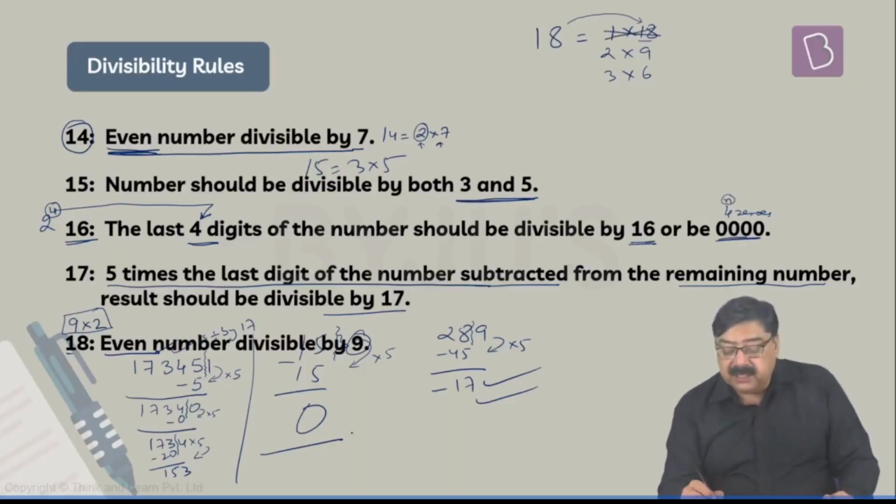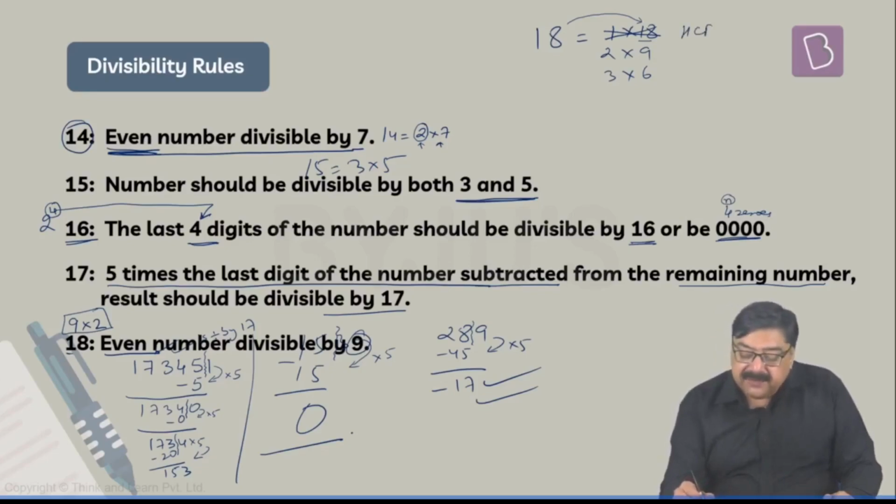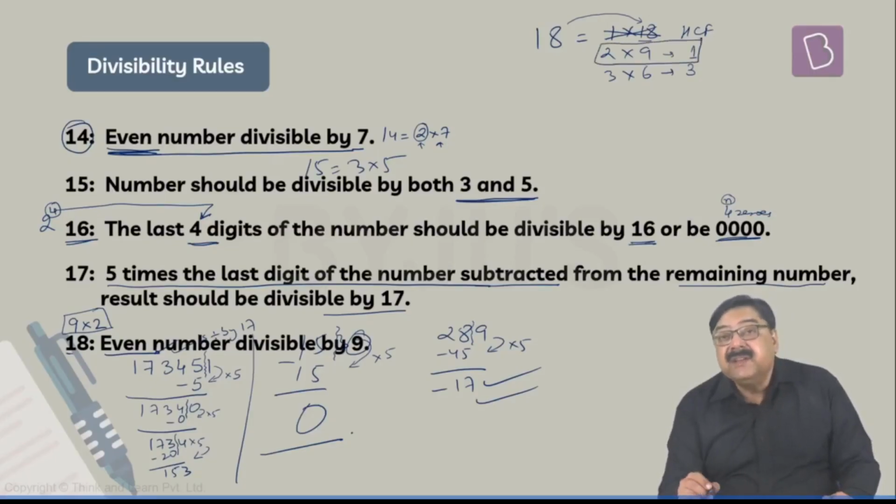So now we are left with 2 pairs, 2 and 9 and 3 and 6. Now the HCF of 2 and 9 is 1 and HCF of 3 and 6 is 3. You have to choose that pair whose HCF is 1 because they are co-primes. And what are co-primes? Which have their HCF as 1.